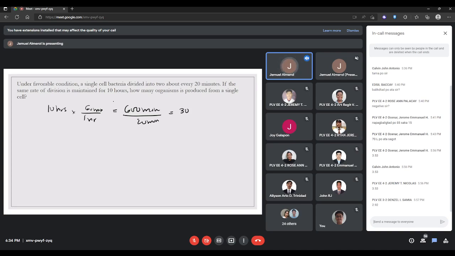Okay. So, for 10 hours, kailangan mo, naka 2 raised to n ka diyan, di ba? Doble. So, 2 raised to 30 is how much? Tama lang, no, dinivide natin yung 10 hours every 20 minutes eh.